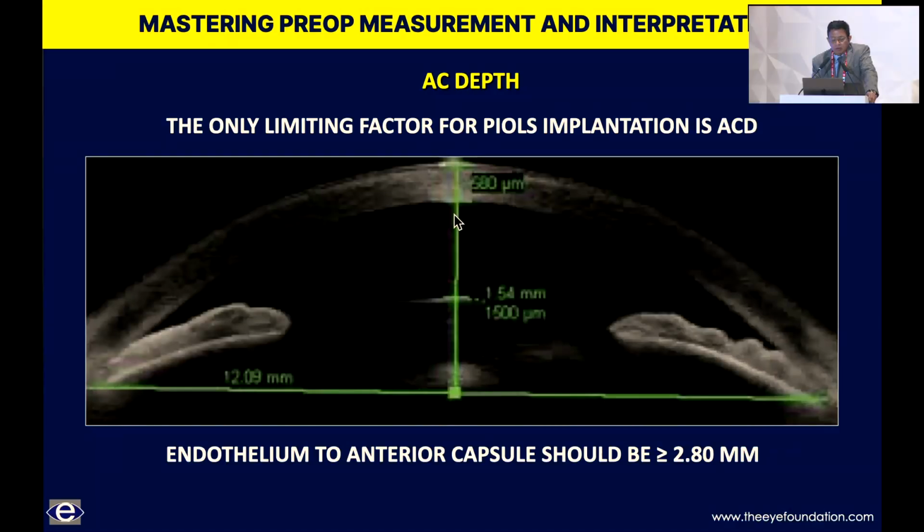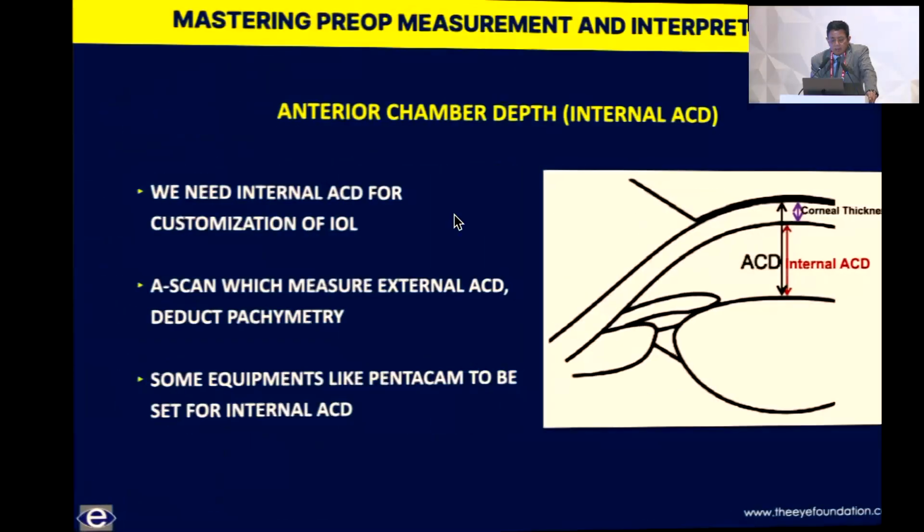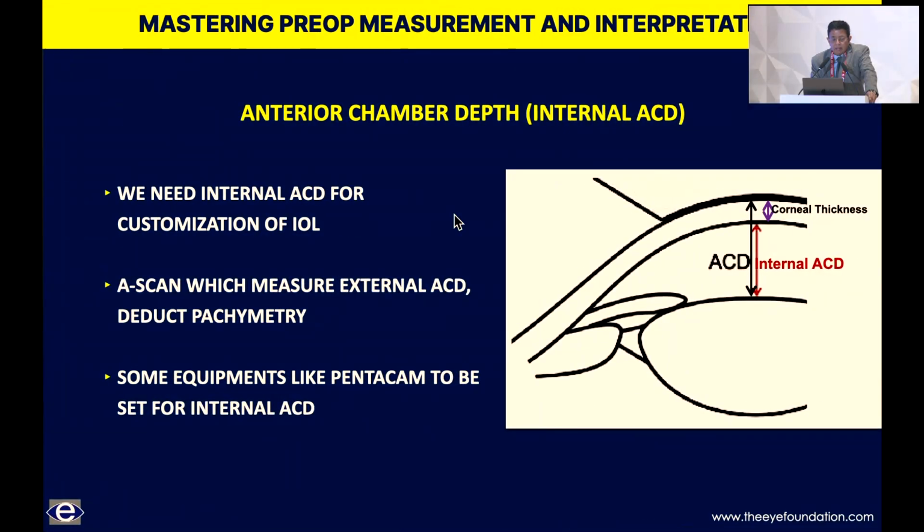I think Kimiya Shimizu has come up with the concept that he has done eyes up to 2.5 millimeter. Maybe it's not for the beginners, but we ourselves have started doing, after looking at the lens size and various other factors, up to 2.6 millimeters. We are doing a control study to detect whether we can stretch the limits in these extremes of eyes. Maybe we can discuss it a little later.